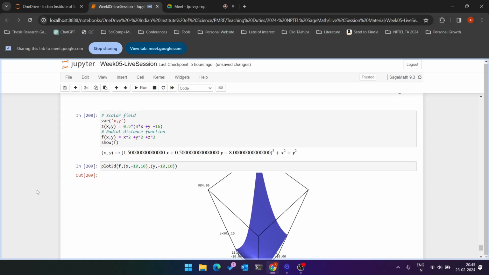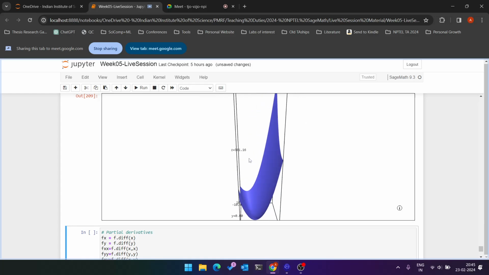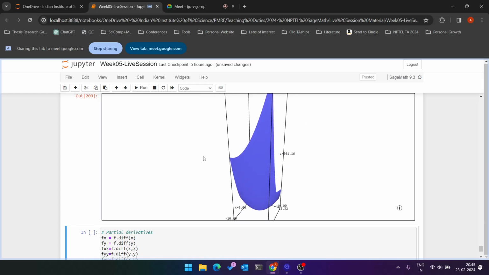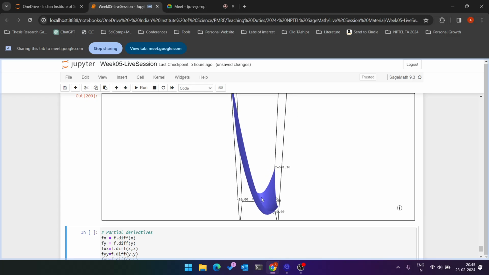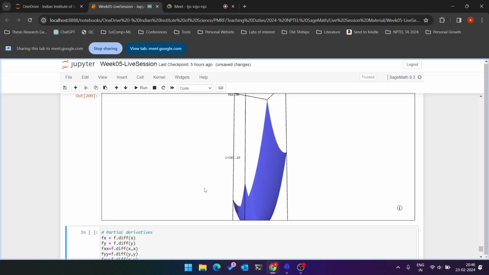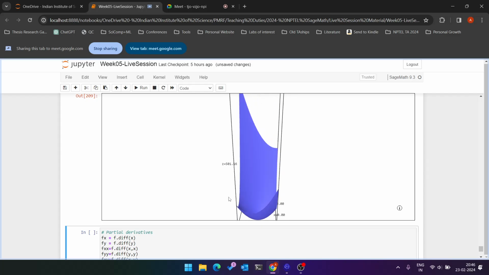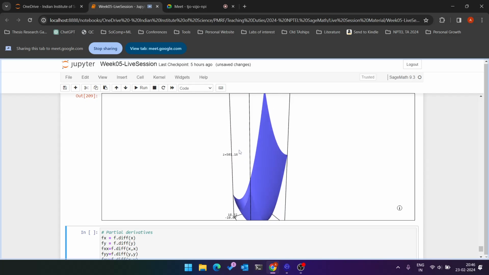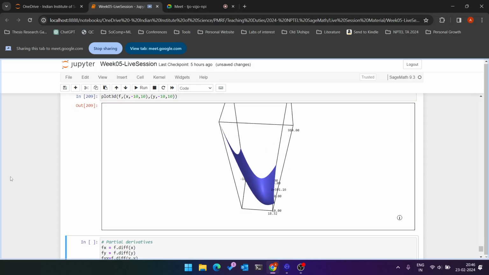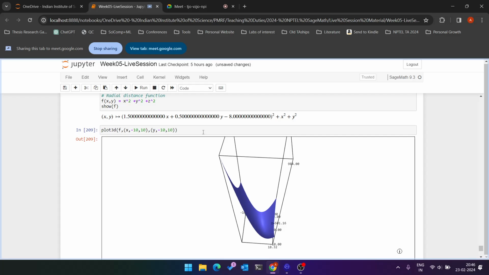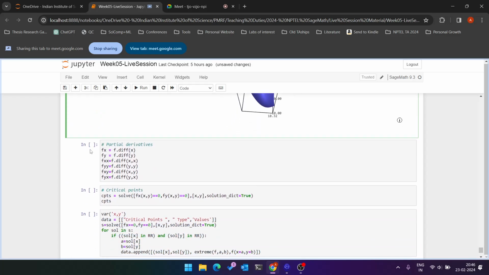So this is my function. You can see that there is clearly a minimum somewhere here. So there is a point where the radial distance from x, y, z to the origin is minimum, and apart from that, this function seems to be convex. So it seems like it only has one minimum, which is also what we expect for the plane, for the plane to only have one nearest point.